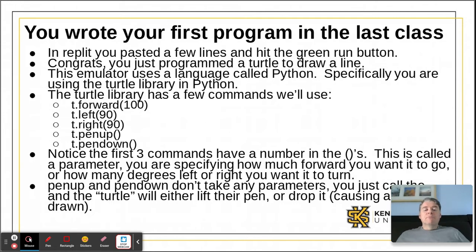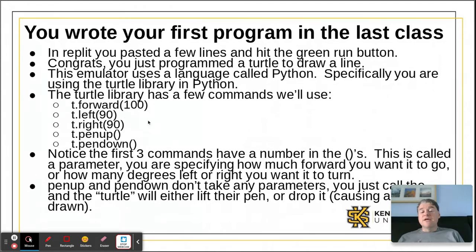The Turtle library has a few commands. There are actually more than these, and you can go look them up, but these are the commands we're going to use because they're common between the Turtle library and the Artie robot. They both use the exact same commands. One example, which we've already seen, is t.forward. As we see, that told the turtle to move forward 100 spaces and to draw a line. The next command is t.left, and it takes a number in parentheses.